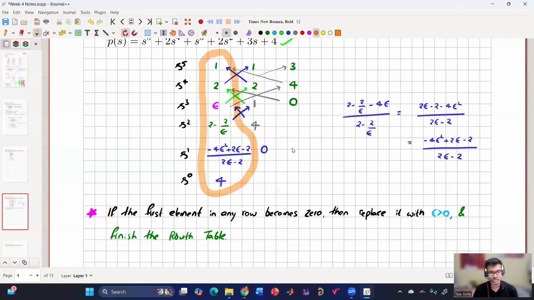Where? The S square term, because 2 minus 2 by epsilon will be negative. Yes, very good. So I am considering epsilon to be very small, say 0.01. Then this will be positive, this is also positive, this is also positive, but this is negative. This last one will be positive because if you substitute epsilon to be 0, it will become 1.